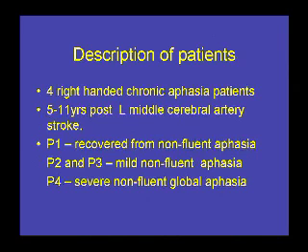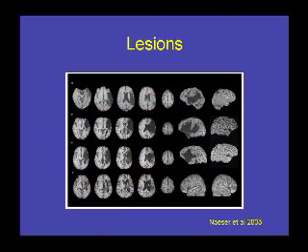Okay, so there were 4 patients involved, all right-handed, 5 to 11 years post middle cerebral artery stroke. The first patient had recovered from non-fluent aphasia. Patients 2 and 3 were mild non-fluent aphasics, and the 4th had severe non-fluent global aphasia. This just shows their lesions.